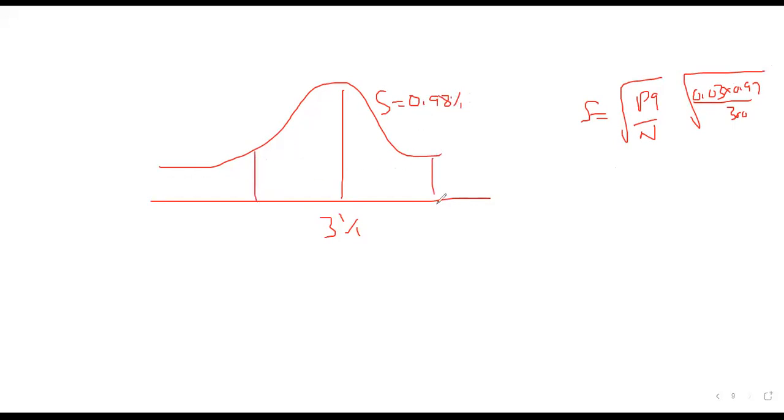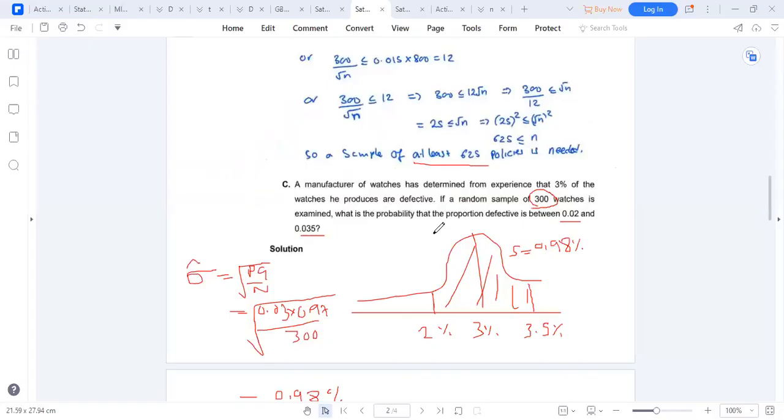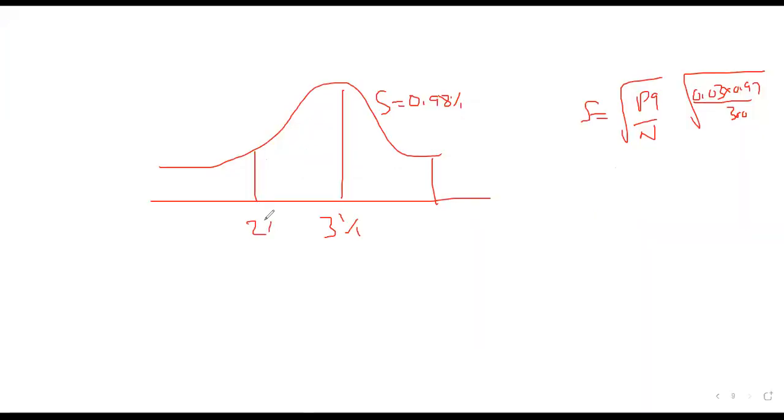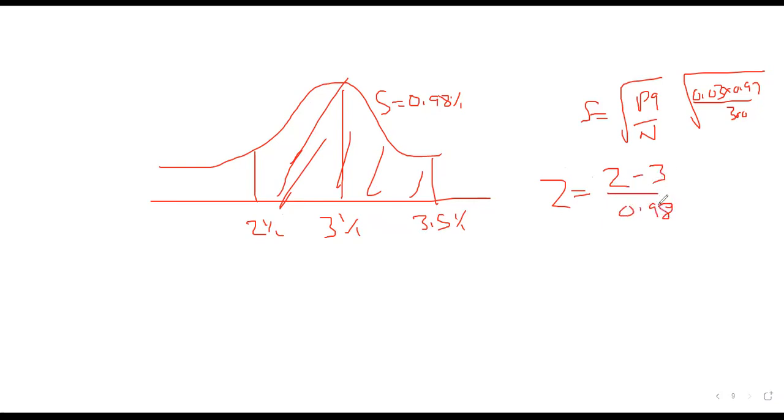Then we're being asked, what is the probability that we're going to range between 2% and 3.5%? These are just in decimal points. So just put it in. So we're looking at this shaded region. So let's standardize the 2%. You can even remove the percentages if you want. So it is 2 minus 3 over 0.98. What do we get?